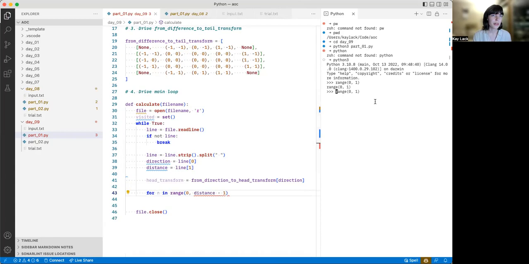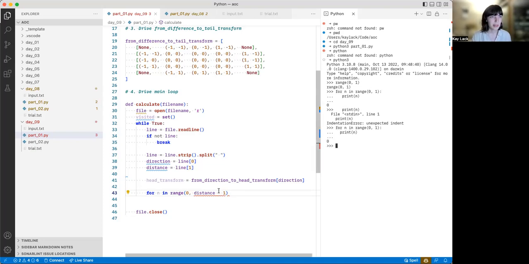We just want to do it 0 times. Oh no, actually, not -1. We want to make this one an integer. Don't know what this is complaining about.